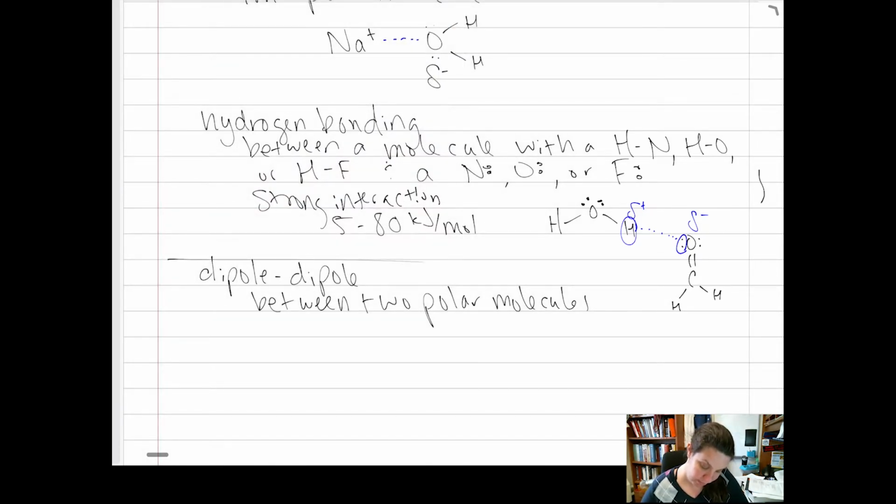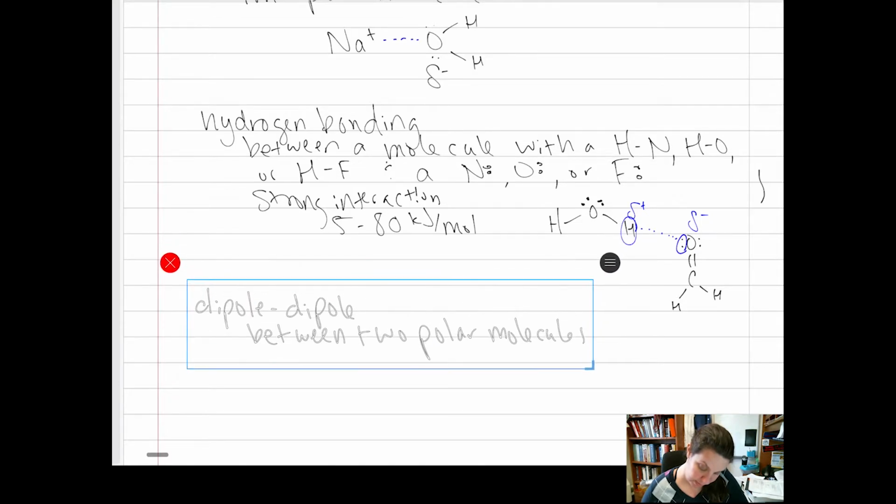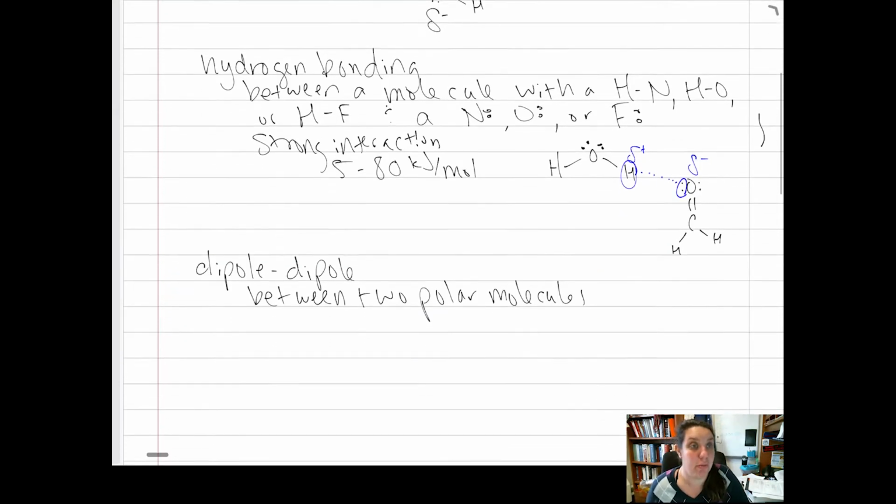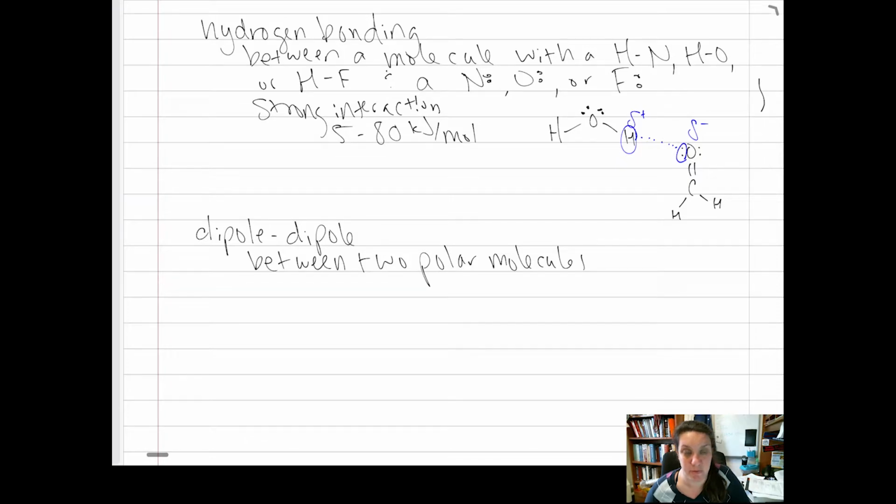Dipole-dipole. These are between two polar molecules. Dipole-dipole forces are a weaker force, weaker than our hydrogen bonds. This is going to be between 5 and 25 kilojoules per mole. We have the partial positive end of one polar molecule interacting with the partial negative end of another.